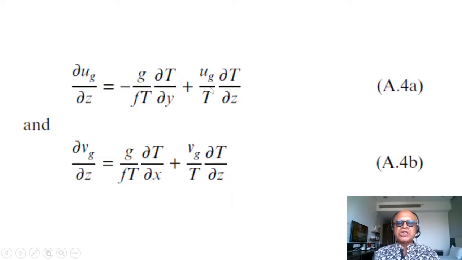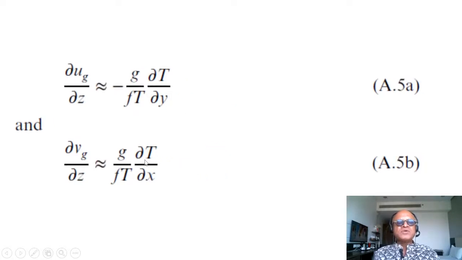This term dimensionally can be ignored because it's much smaller than this term, which gives us vertical shear as a function of horizontal temperature gradient, which in the atmosphere is very closely related to density gradient.